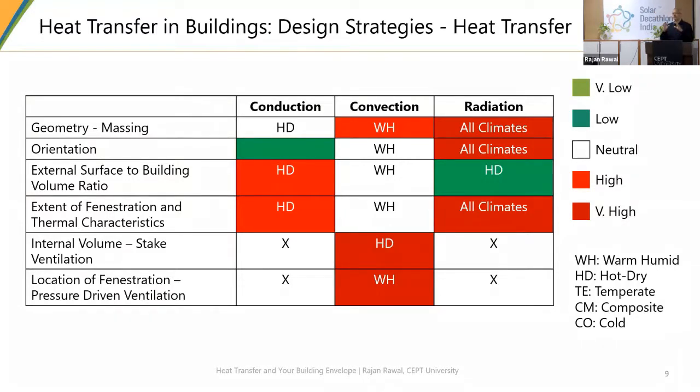Primarily because that's where the orientation of the building needs to take advantage of prevailing wind conditions. In a hot and dry climate, it also will matter, but not as much as in a warm and humid climate.